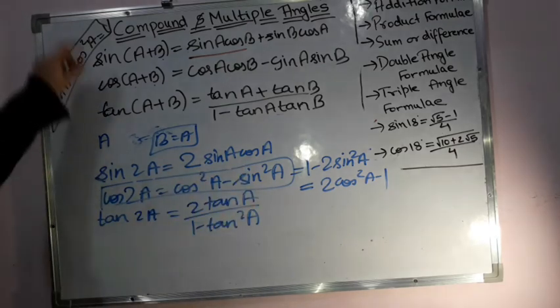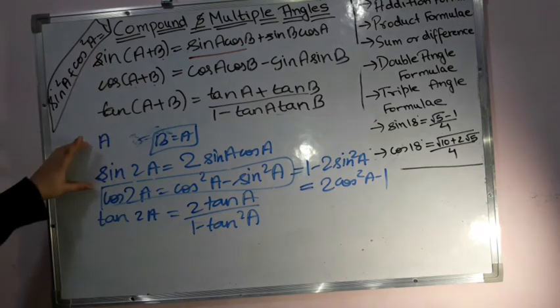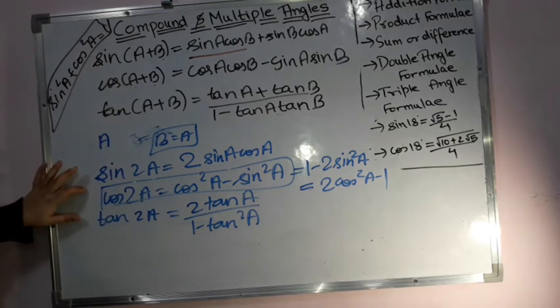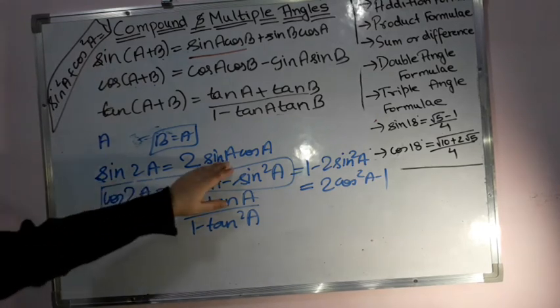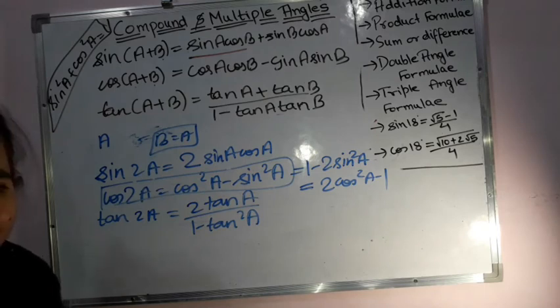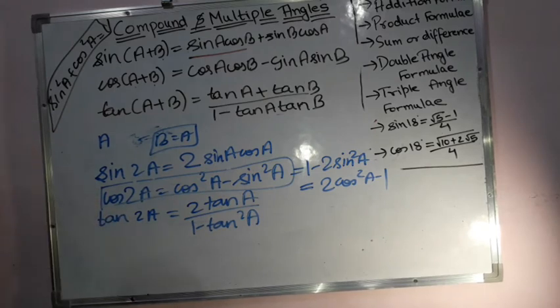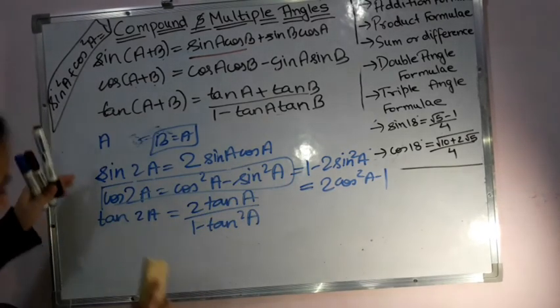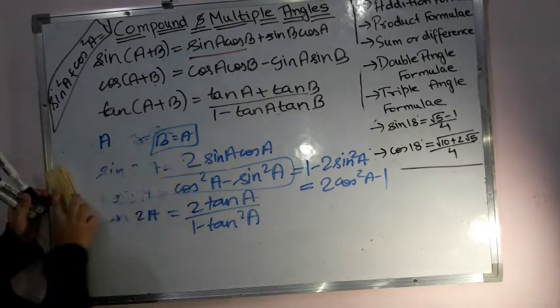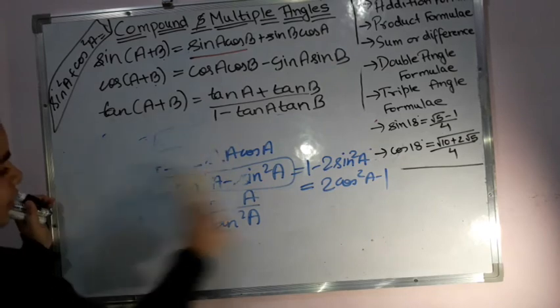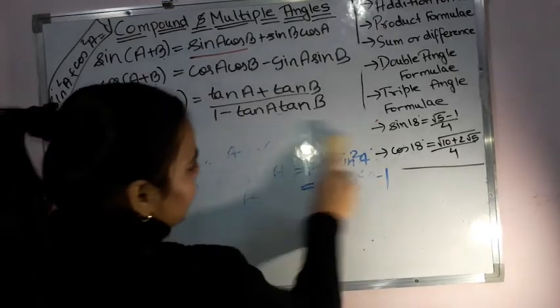And from the formulas I had earlier, I can get the value for sin A by 2. Please see this formula, sin 2A is equal to 2 sin A cos A, right? So this is there with us.